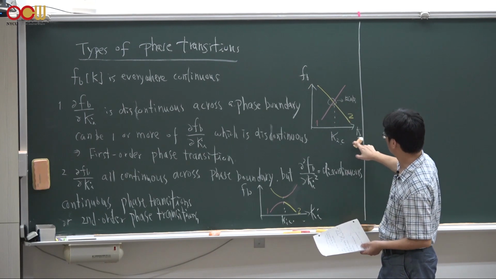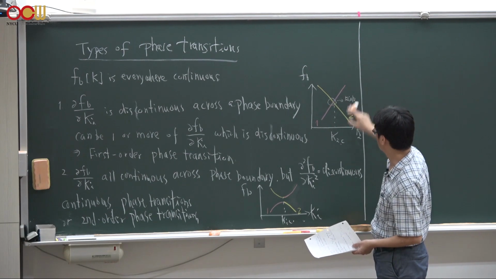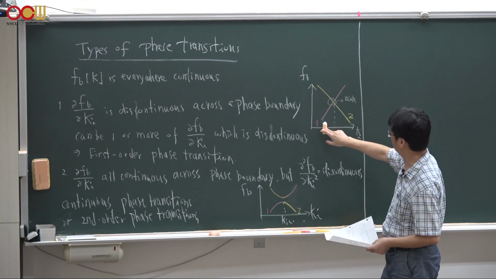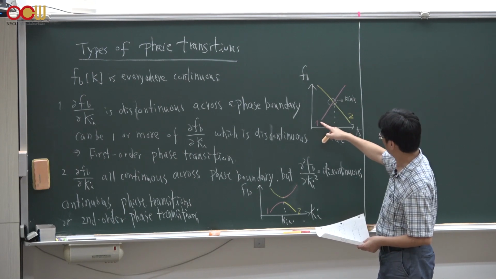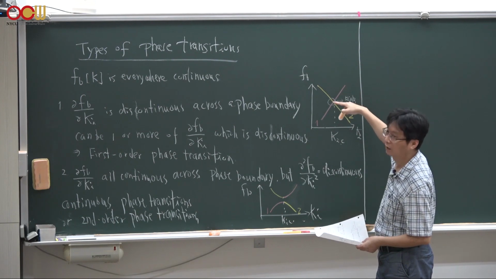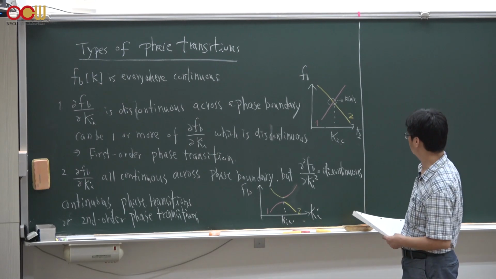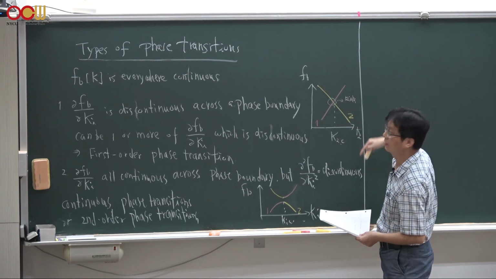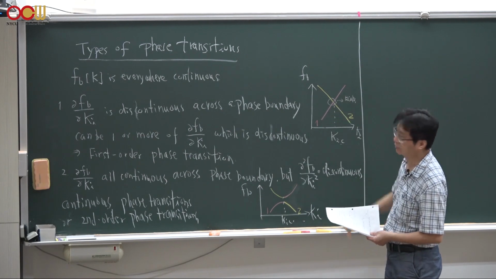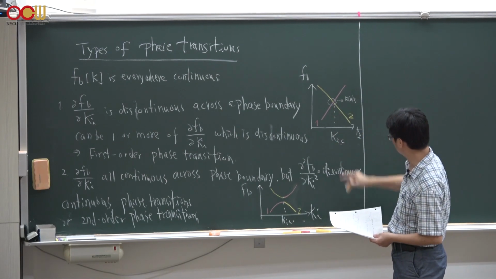And as you can see here, we have a level crossing, namely the state 1 marked by red goes from this left bottom to this top right. However, this yellow line indicates the second possible state, and it goes the other way. So they have an intersection right at this critical point.